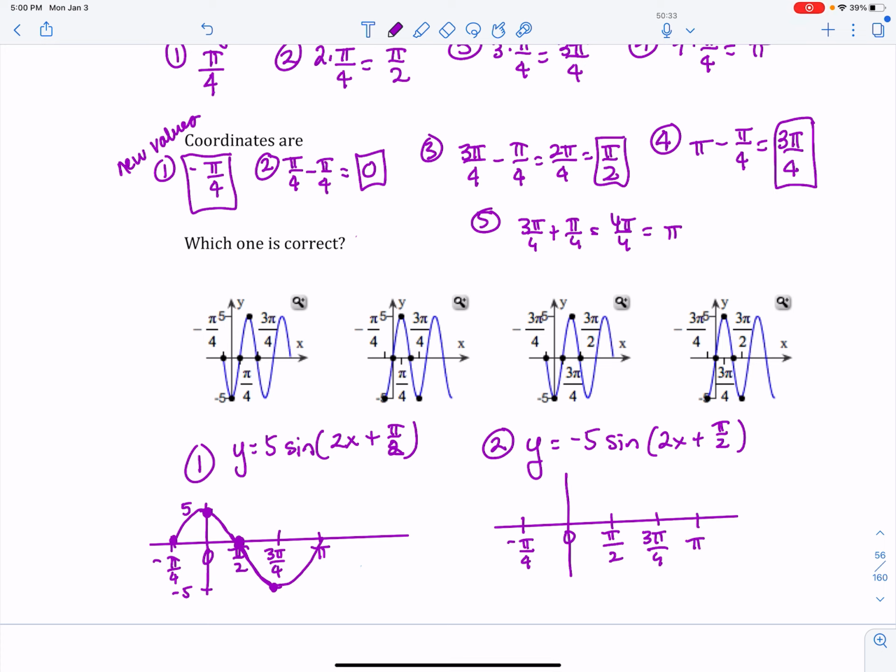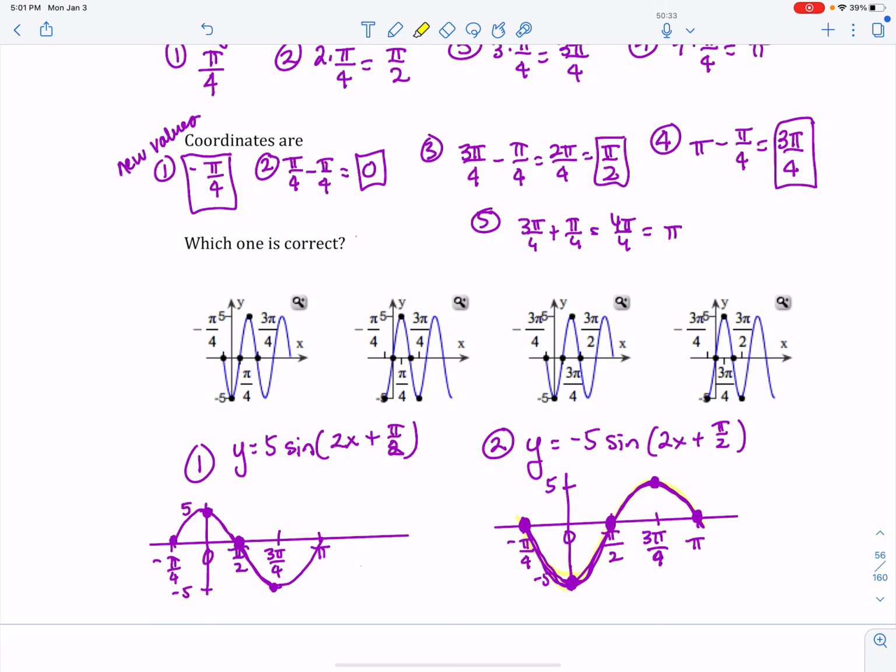So let's go ahead and do that. So 0 times negative 5 is 0. I had a positive 5, but remember we have a negative 5 now, so that value becomes negative. 0 remains 0. Negative 5 becomes a positive 5, and finally back down around. So all I've done is flip-flop this over the x-axis because of the negative hanging out in front of the amplitude.